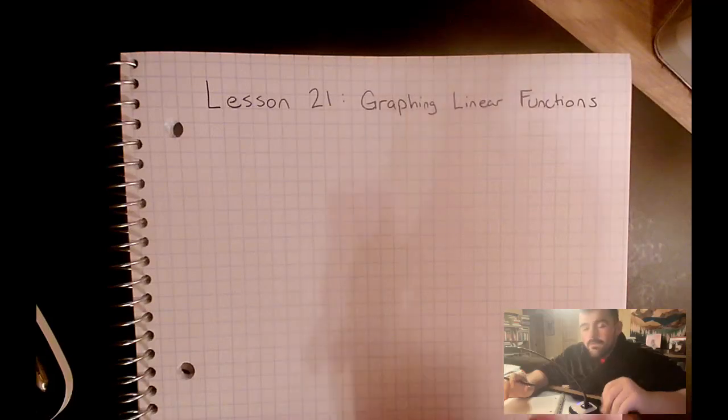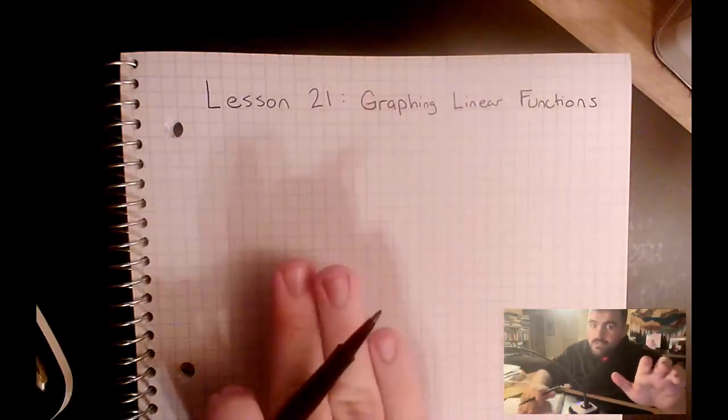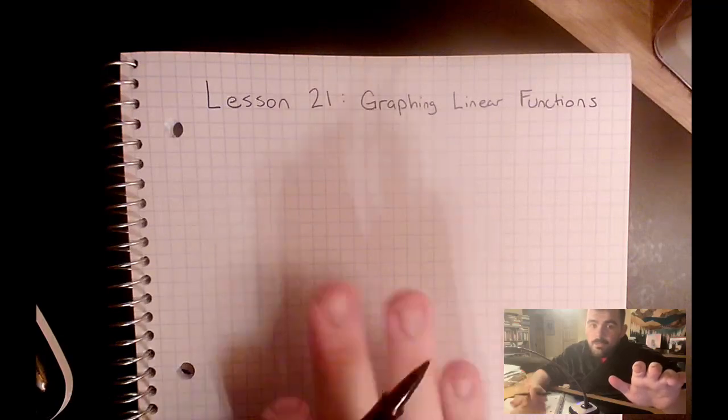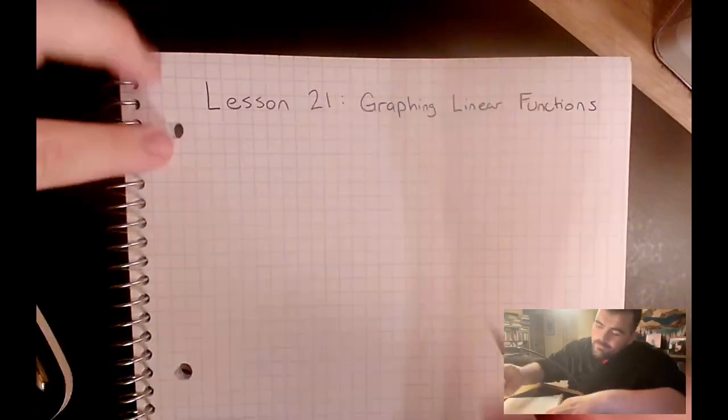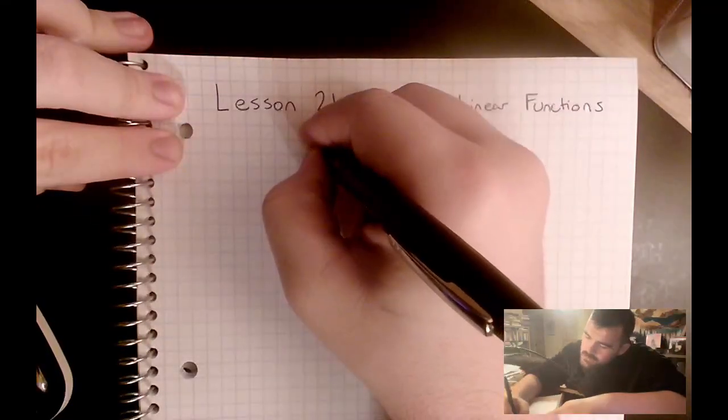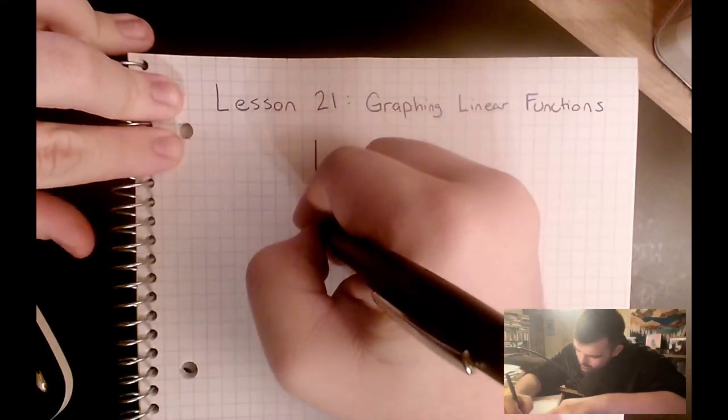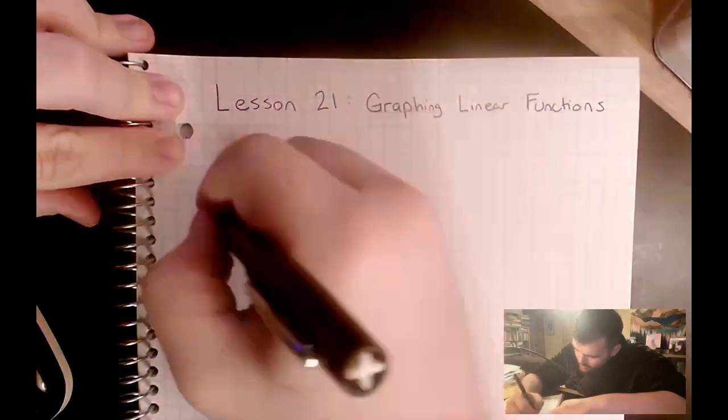Okay, so first, this applies to anybody, if you're using just regular paper or graph paper: how do we draw one of these coordinate planes? First, we're going to draw a vertical and a horizontal axis.